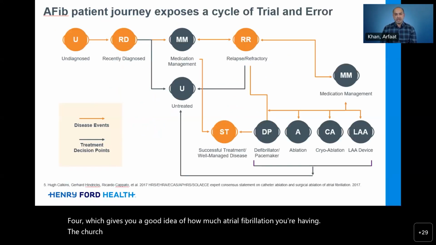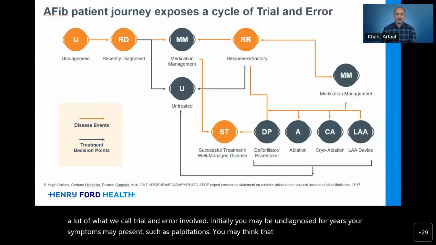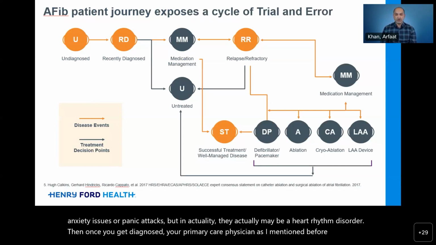The journey for patients with atrial fibrillation can be very complicated. And there's a lot of what we call trial and error involved. Initially, you may be undiagnosed for years. Your symptoms may present such as palpitations. You may think that they're anxiety issues or panic attacks, but in actuality, they may be a heart rhythm disorder. Then once you get diagnosed, your primary care physician, as I mentioned before, may send you to a cardiologist.